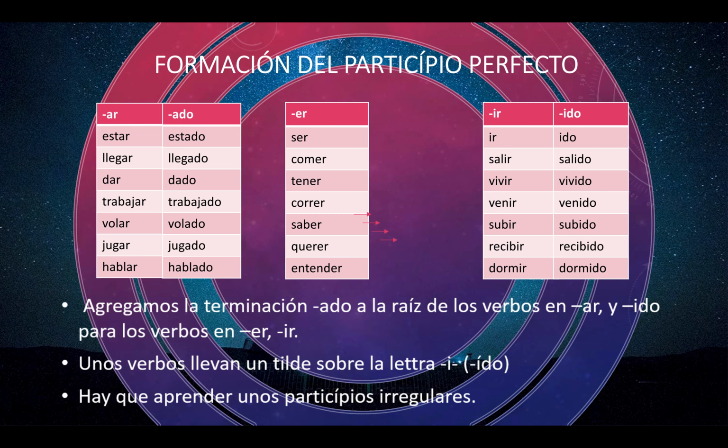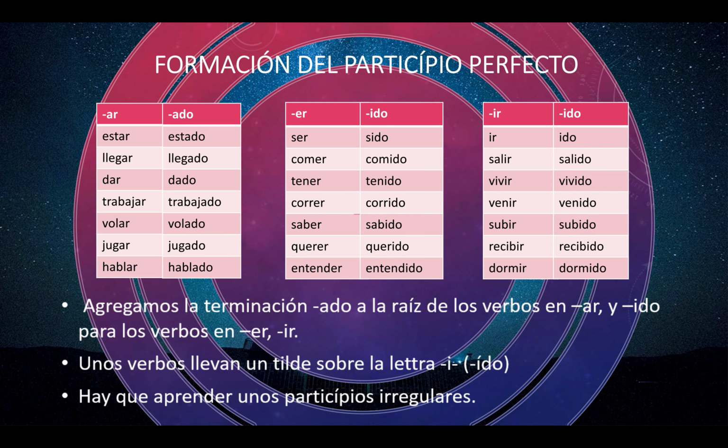Okay, the ER verbs and IR verbs are easier. Well, they're not easier, but they're streamlined because they both take the same ending, ido. So for ser, to be, been is the past participle in English. In Spanish, that is sido. Okay, and ir, a verb. Both of these verbs are normally highly irregular, but it's very simple to form the past participle.